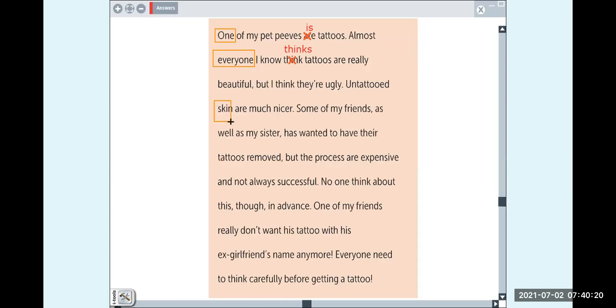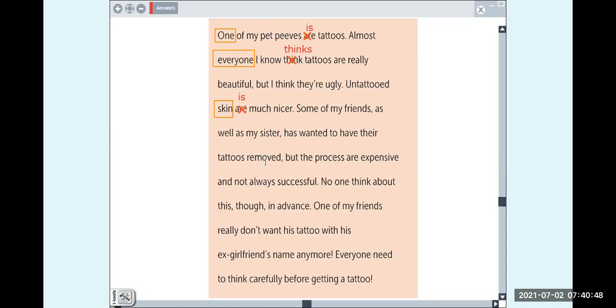It's singular, right? Yes. So we need to say, and we are taking skin as a group, right? And tattooed skin. So it could be a collective, right? So is much nicer.